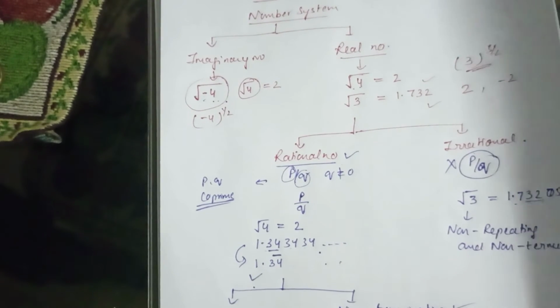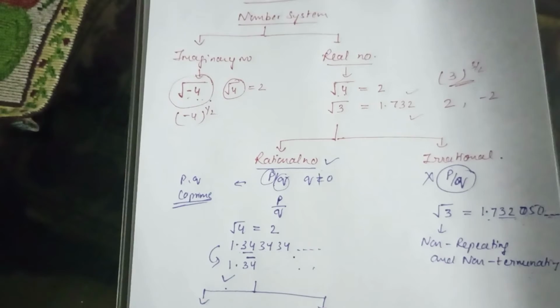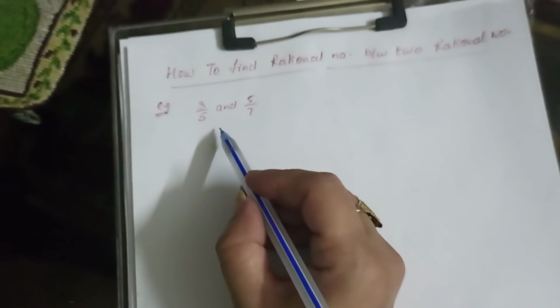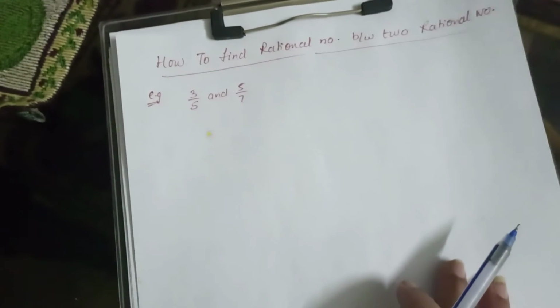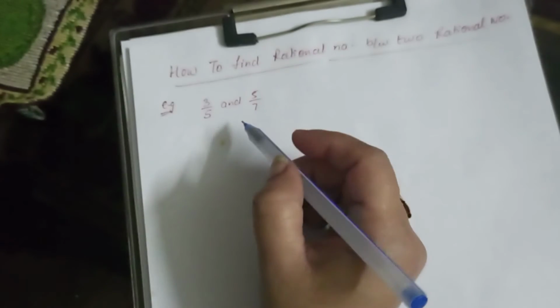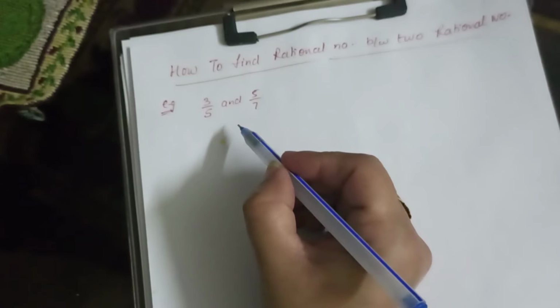So let us start. Let us try to understand how we can find a rational number between two rational numbers. If two rational numbers are given, then how can you find a rational number between them. There are 4 methods, but the first one, the basic one, which is the easiest for the student, I am doing here.